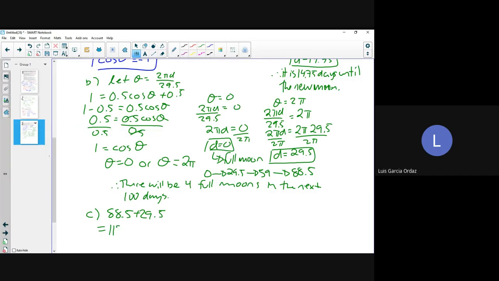That will give us 118 days for there to be 5 full moons. Okay, so that was lesson 6.5. So that involved the linear relations of trig ratios.